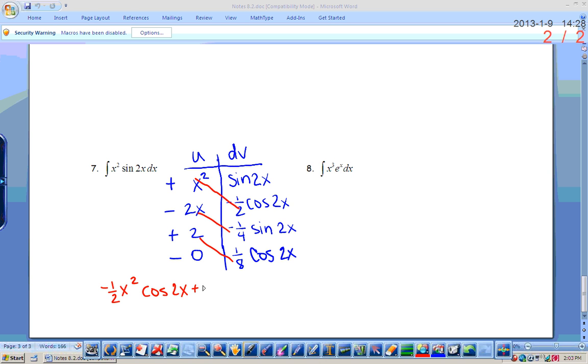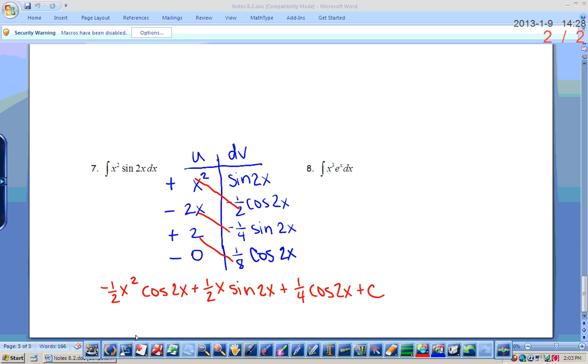And I'm going to write that as positive 1/2 x sine 2x. And then 2 times 1/8 cosine 2x is 1/4 cosine 2x. And we are integrating here, so don't forget your plus c. And that's your final answer.